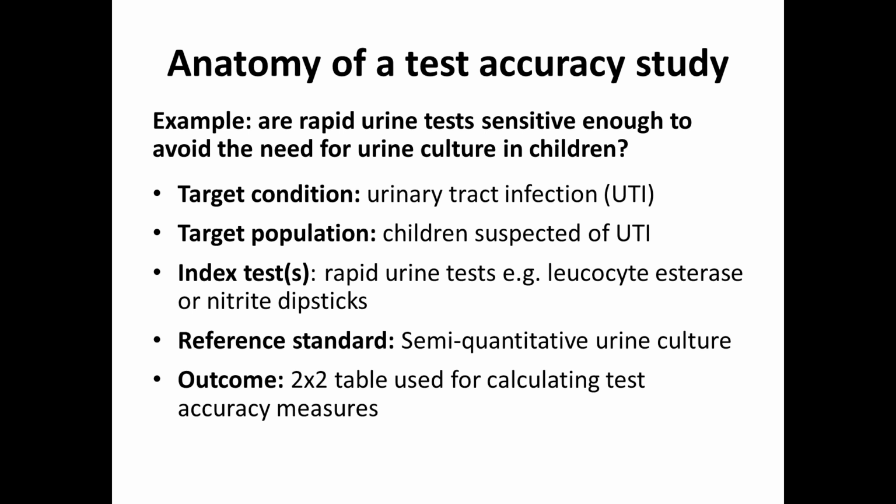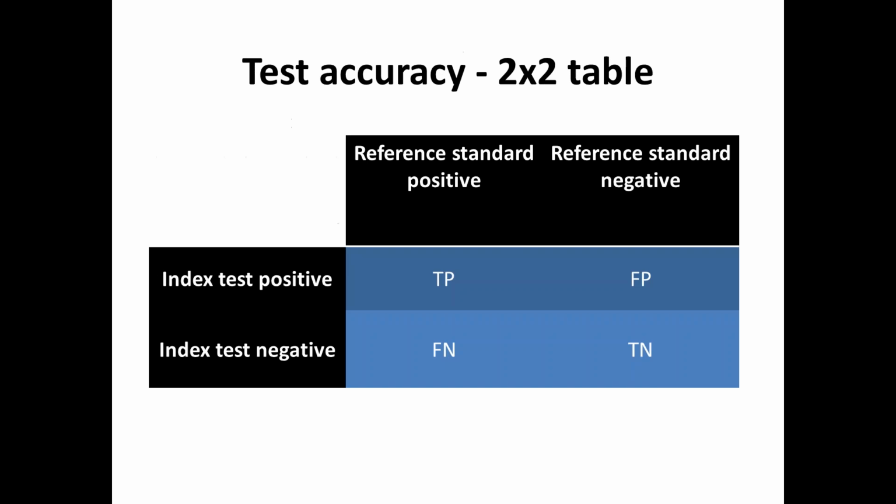And then we end up calculating our numbers, and we always present our results in a 2x2 table, and we'll look at some of these now to actually calculate test accuracy. So when we have our 2x2 table for a test, I imagine many of you this is very familiar to, but it's important that we just cover this to make sure that we're all understanding what we mean by accuracy.